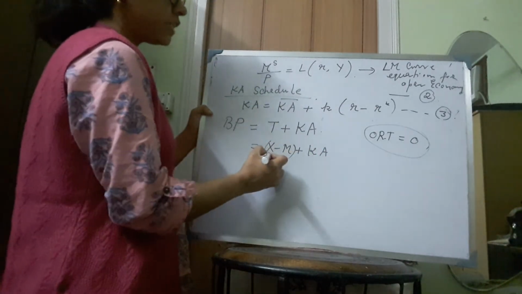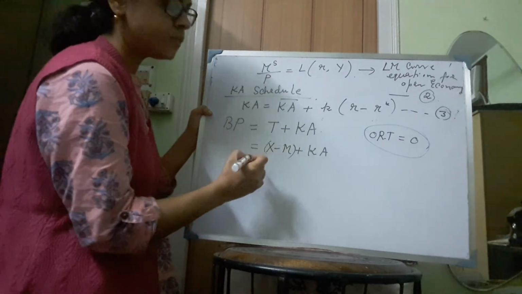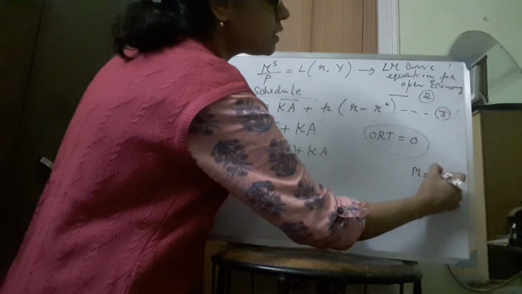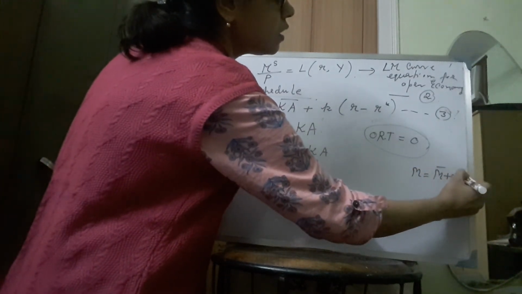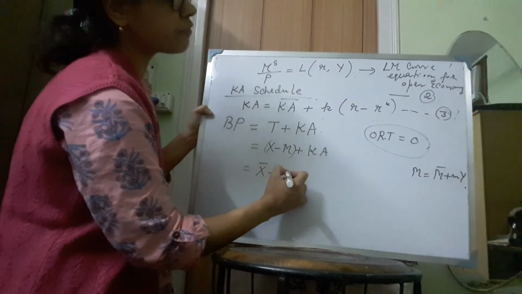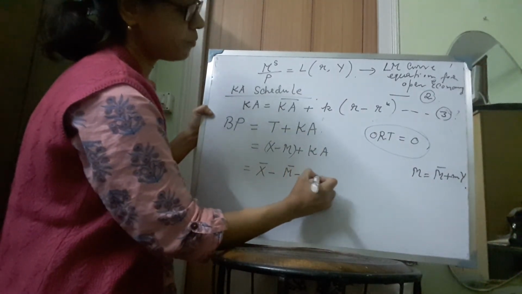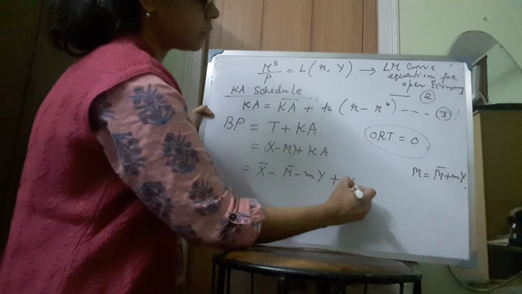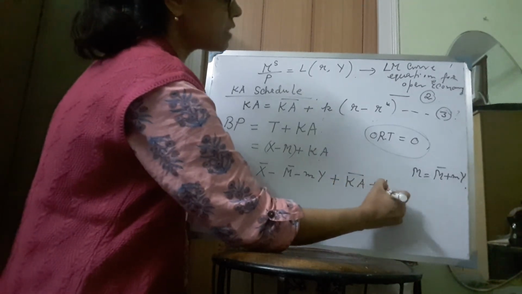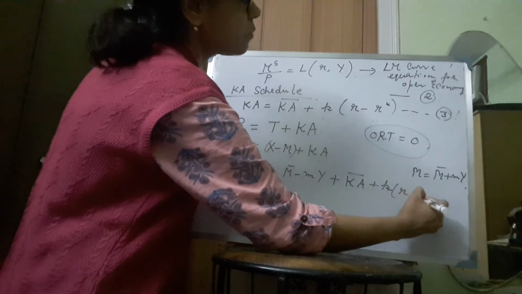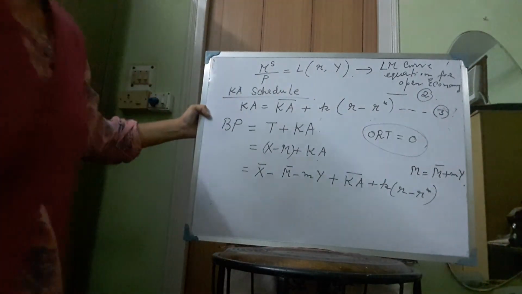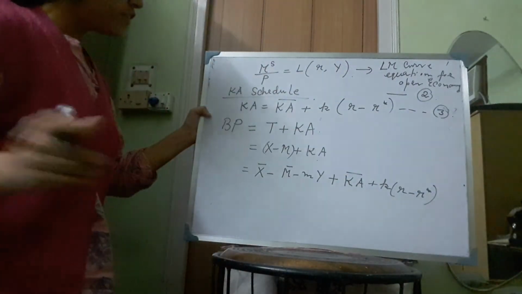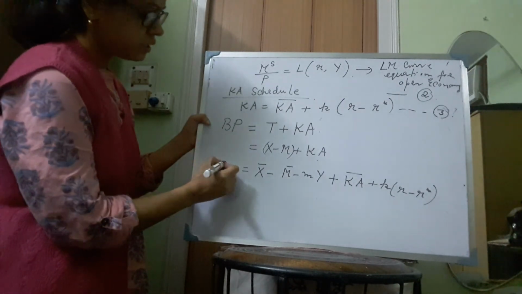Now export is assumed to be autonomous, so X can be written as X bar. Then the total amount of import is M bar plus small m Y, so in place of M we can write M bar plus mY, with a minus sign. And in place of KA we can write KA bar plus k times r minus r star. Now if the balance of payment is equal to 0, then the LHS is equal to 0.